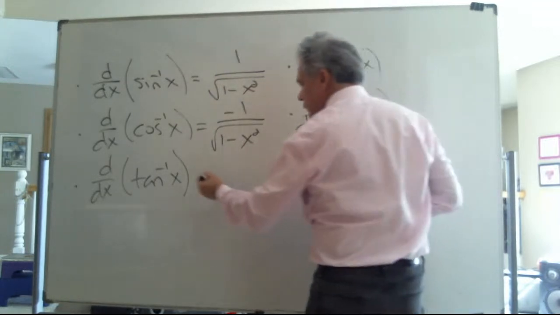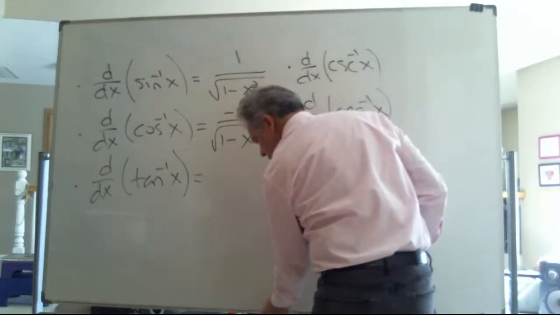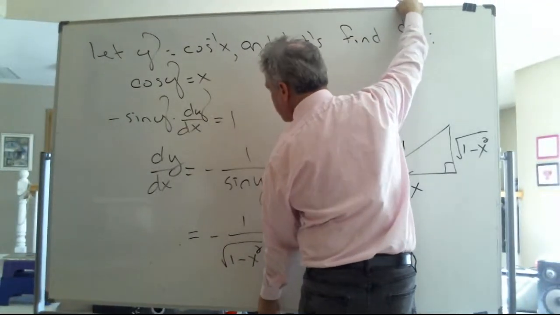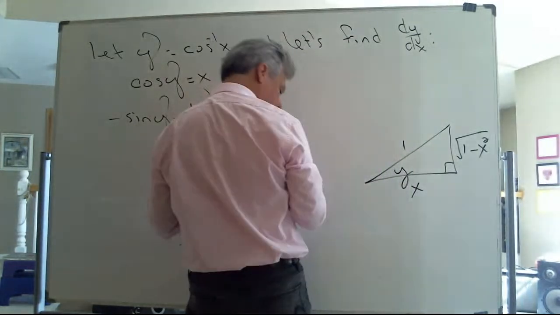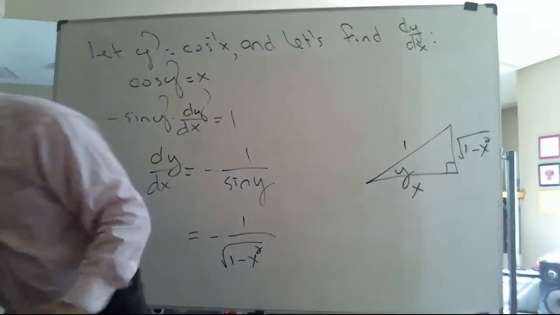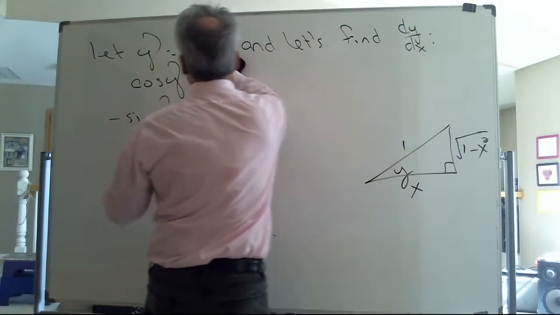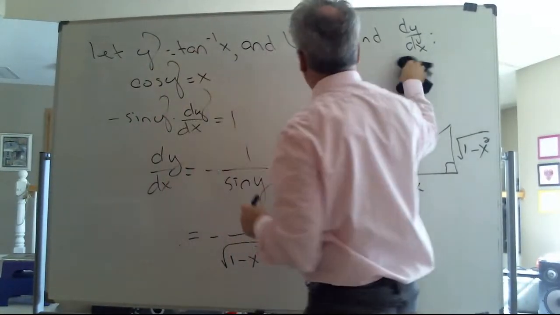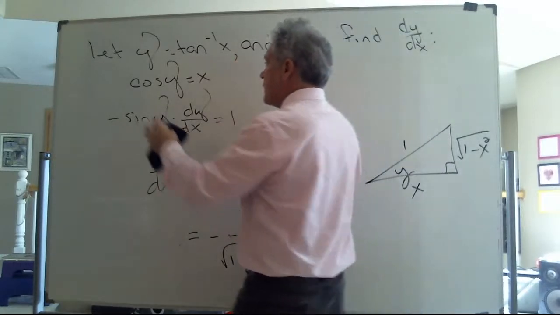Now to differentiate inverse tangent of x, it's just as easy. I'm going to run through a few of these because I can do it rather quickly. So if y is equal to the inverse tangent of x, and I'm interested in finding dy/dx, let's take the tangent of both sides.